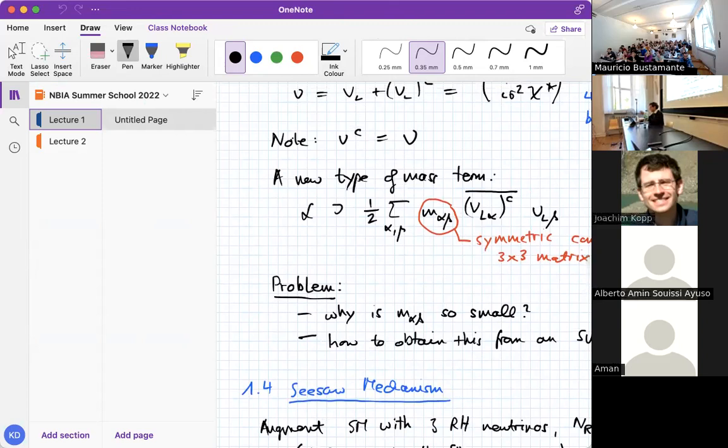And then we've seen that in order to move to the physical neutrino states, we had to diagonalize this mass matrix. Now, we do this by doing a rotation in flavor space. But of course, that rotation in flavor space will affect the neutrino interaction terms. So when we make the mass term diagonal, the interaction terms will no longer be diagonal.